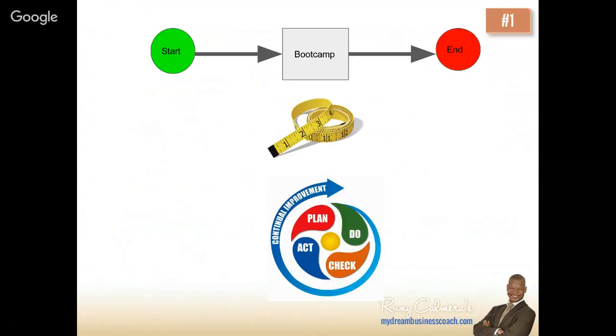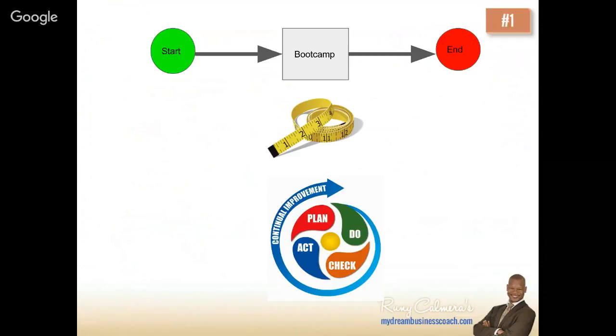And that means probably you have heard of the plan, do, check, act cycle. The plan, do, check, act cycle means that first you have to plan something. For instance, you plan for $500,000 of revenues. Then you do it. You do all the activities to collect that money, to get that money, to give service.